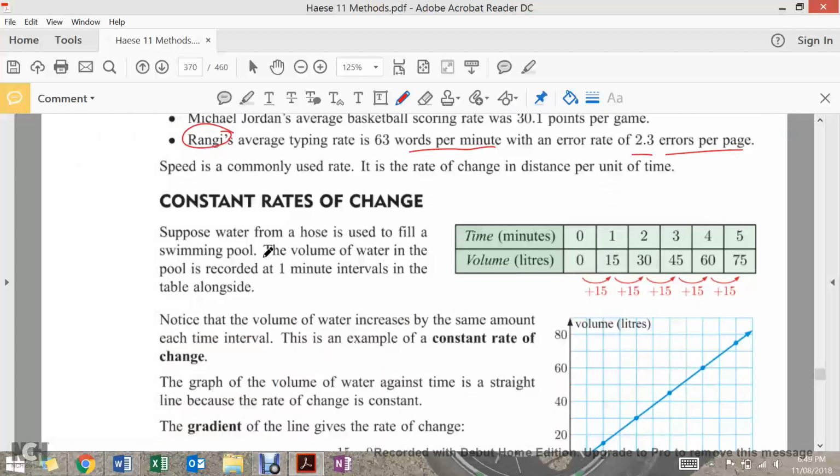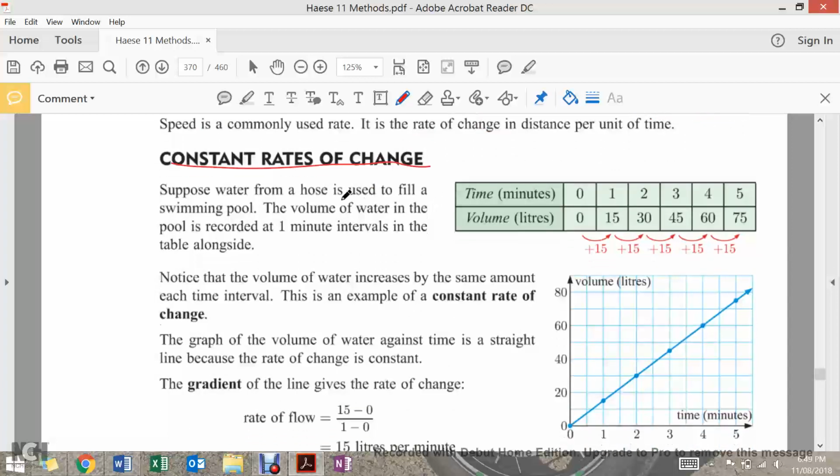We can also talk about constant rates of change. Constant rates is where something increases the same amount each time. Let's have a look here. We've got a swimming pool. It starts out empty, and over time, a certain amount of water is in that swimming pool. After 1 minute, it's got 15 litres in the swimming pool.